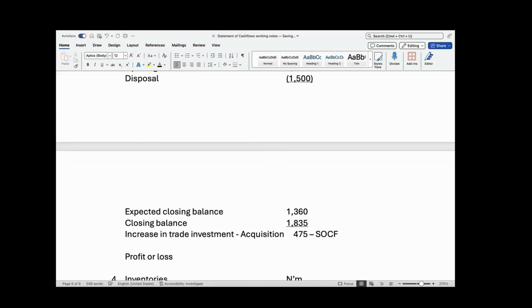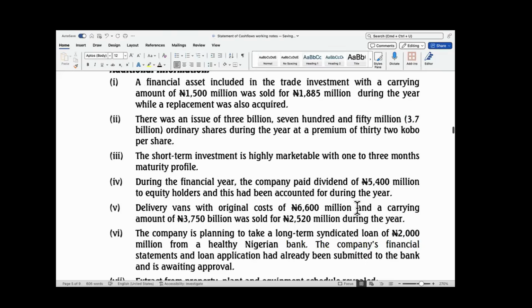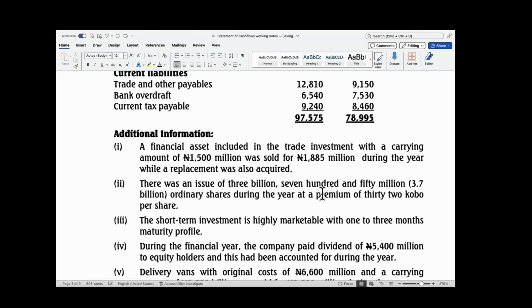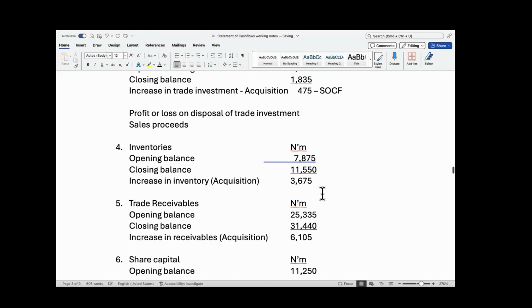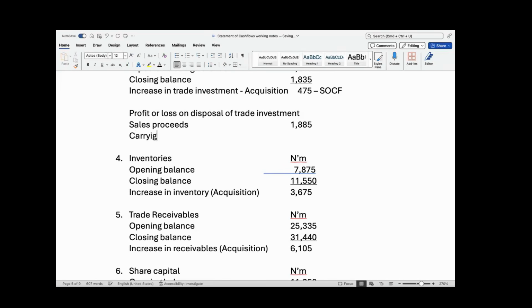Fantastic. So let's do the profit or loss on disposal of trade investments. What was the sale proceeds for that trade investment? It was 1885. And what was the carrying amount? 1500.